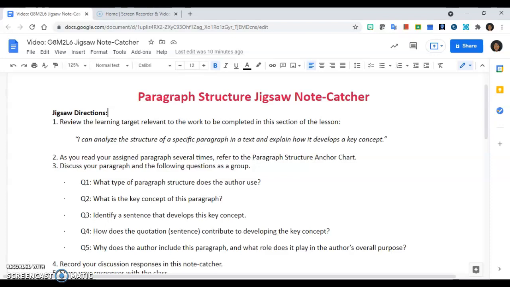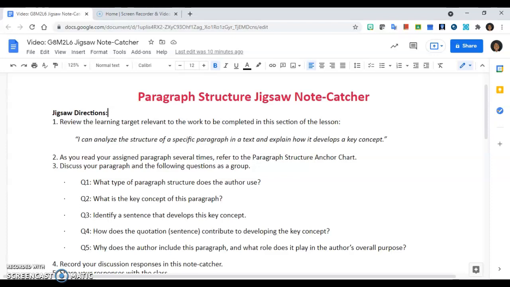You are going to work either in small groups, medium to large groups, or independently to analyze a paragraph from your reading in work time A. You're going to analyze the paragraph structure, identify the types of paragraph the author uses, the key concept, a sentence that develops that, how that sentence contributes to developing the key concept, and why the author included it in its role in the overall purpose.